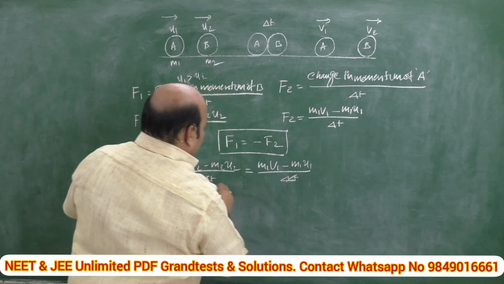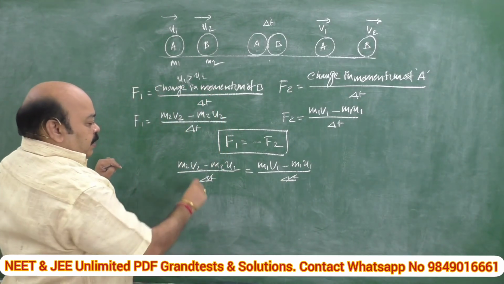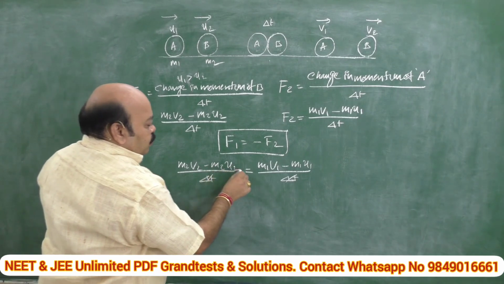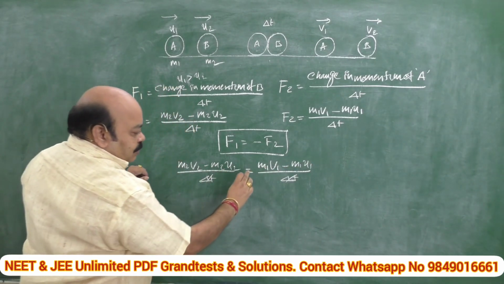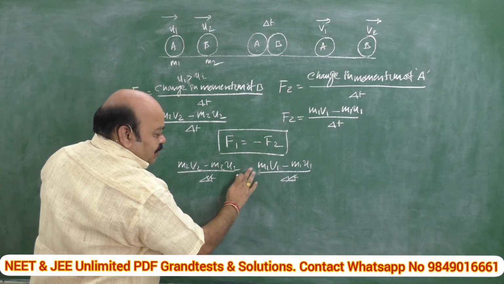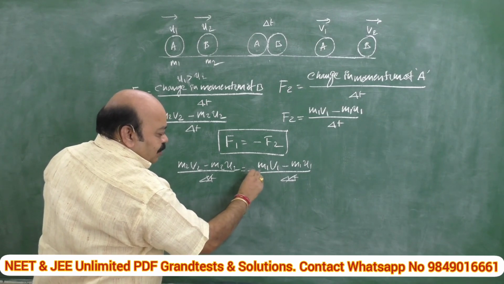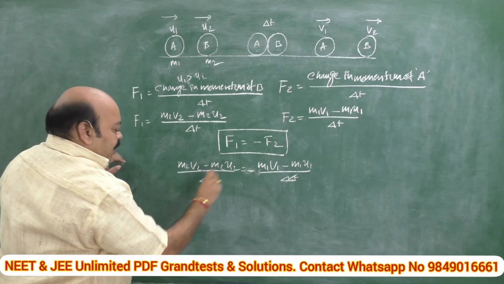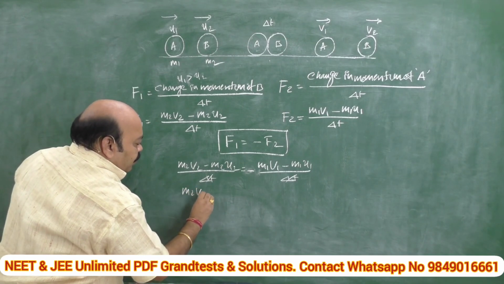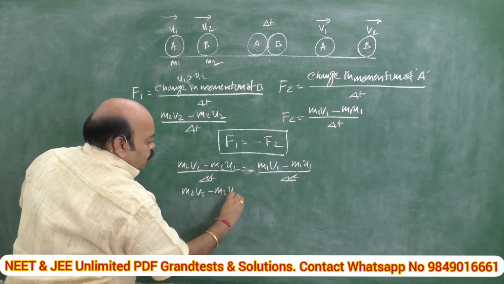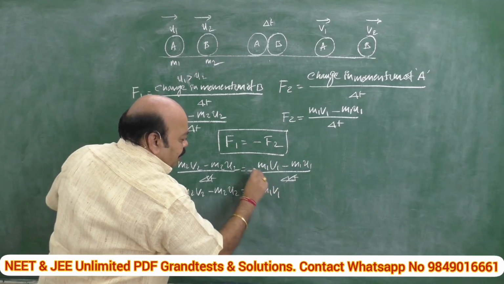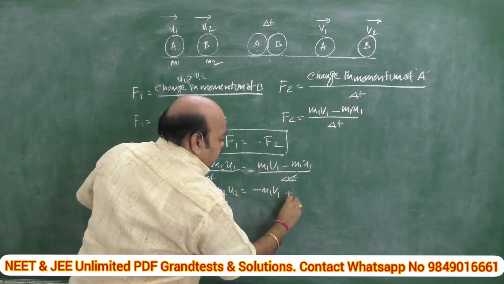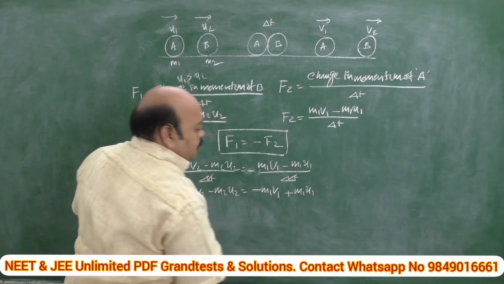Now this delta t gets cancelled. Here we have to apply the negative sign also. Then we have m2 v2 minus m2 u2 is equal to minus m1 v1 plus m1 u1.